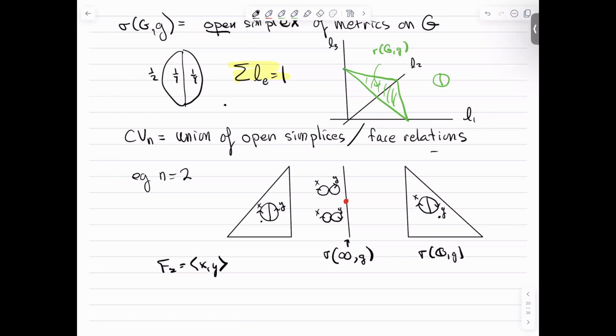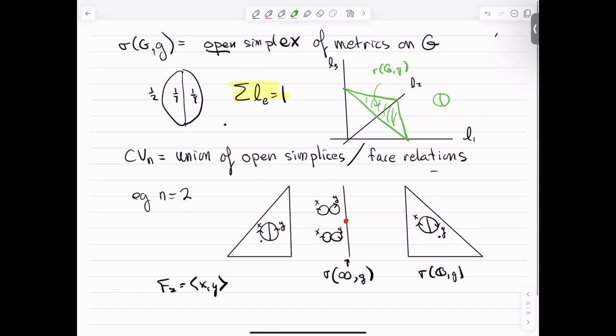And if I just collapse the middle edge, I get that picture. Incidentally, this graph is the same as this graph because there's an isometry to it. The only difference between those two pictures of roses is the Y is going in the opposite direction. And so that's an isometry of the graph, and so it's the same point.